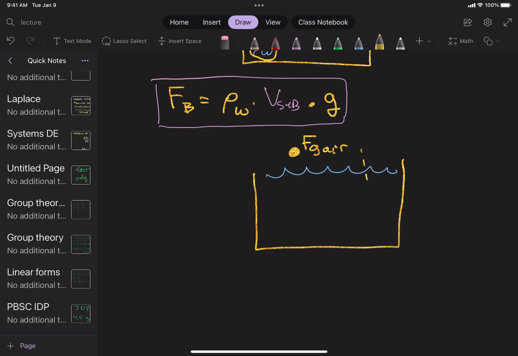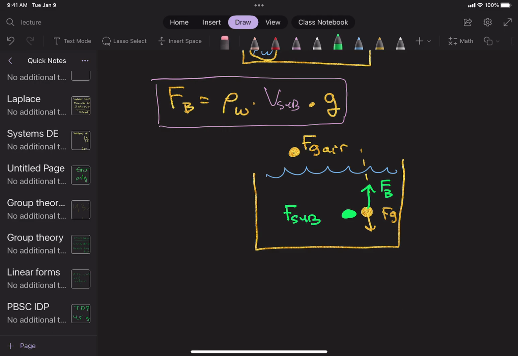And when you dunk it into the water, its weight is still present, Fg air, but because it's submerged in water, there's going to be a buoyant force that's going to push upwards. So because of that, when this object is submerged in water, it's going to weigh less. So the weight when it's submerged is going to be less than the weight when it's in air.